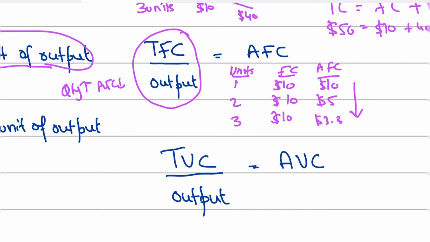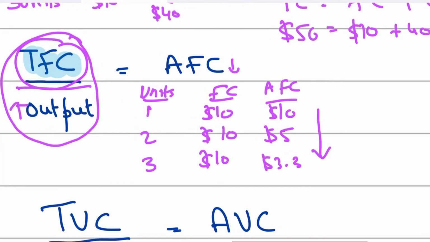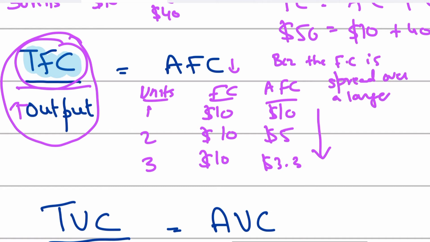And the simple reason is, since the numerator, that is the total fixed cost, would stay constant over a range of output, if you divide this constant value by a denominator that is constantly increasing, obviously the mathematical value would fall. So the simple reason is that average fixed cost falls because the fixed cost is spread over a larger volume of output.